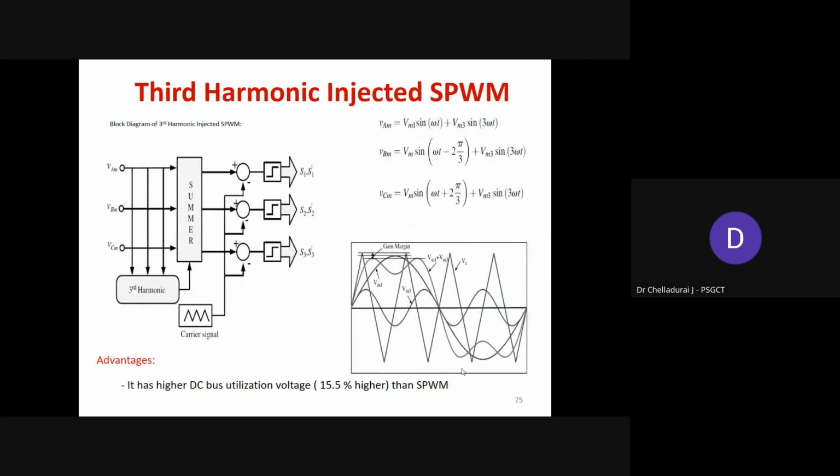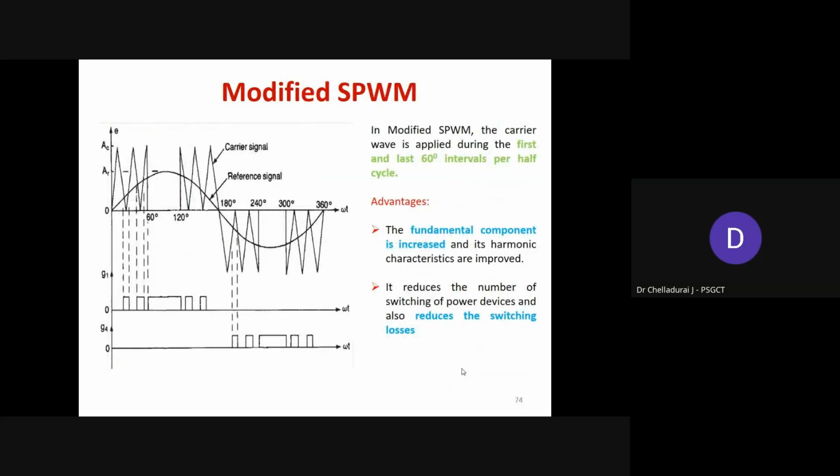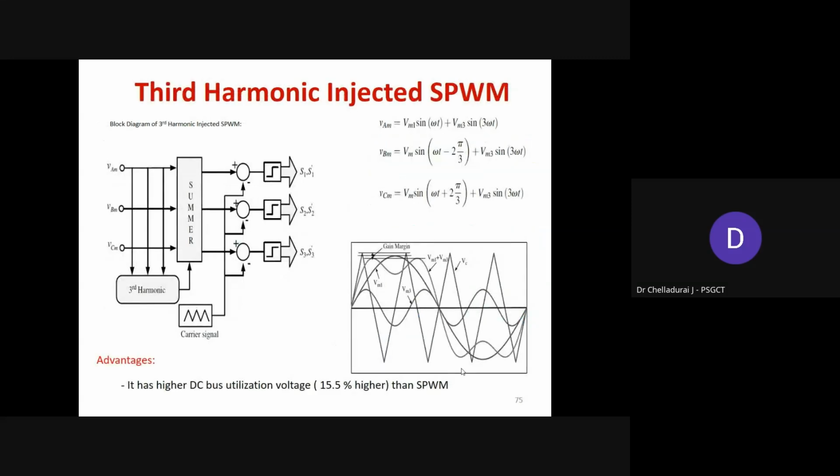The next, third order harmonic injected SPWM. The only required difference is that instead of the modified SPWM or conventional sine wave, a modified sine wave is used to compare with the high frequency carrier. With respect to this triangular high frequency carrier, the modified sine wave, that is fundamental plus third order harmonic component, if we add the fundamental and third order harmonic component, you will get this type of waveform.